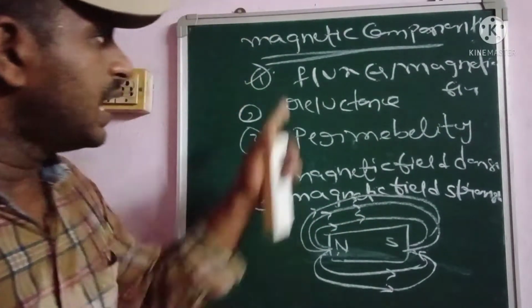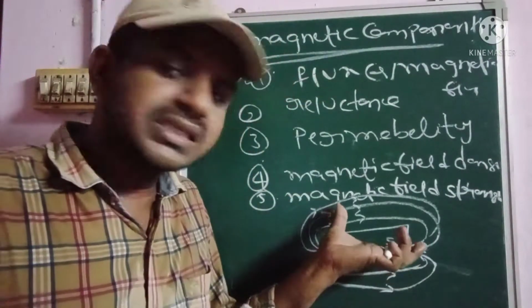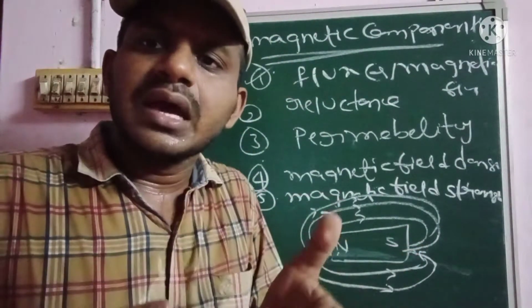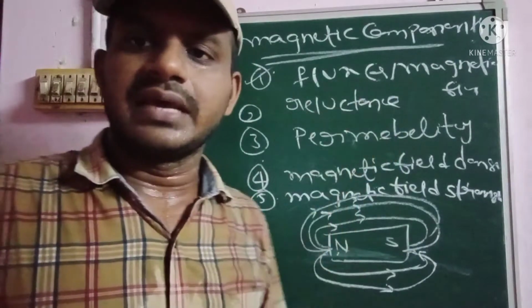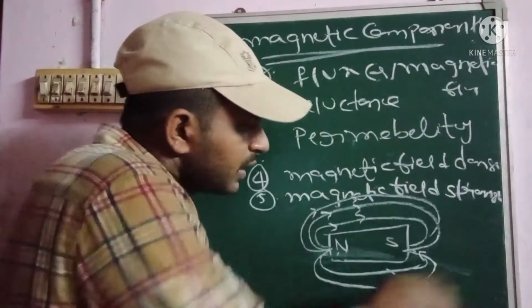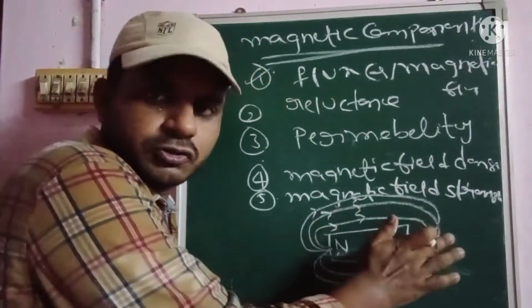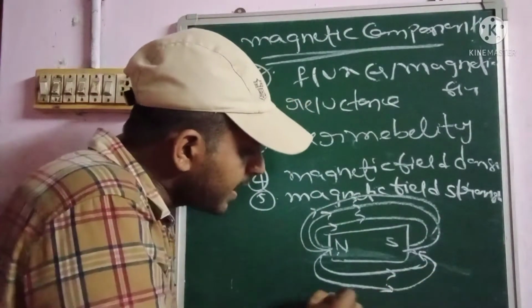Now for the definition of flux. If you observe this diagram, you can clearly see that the flux moves from the north pole to the south pole and occupies some area.